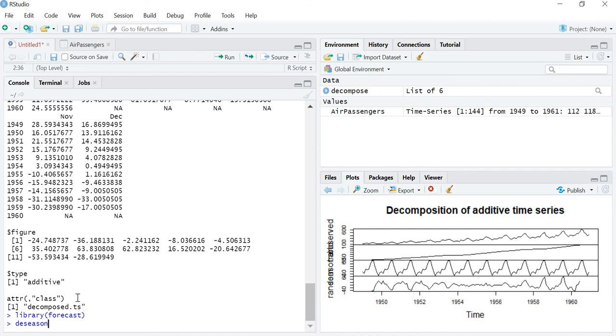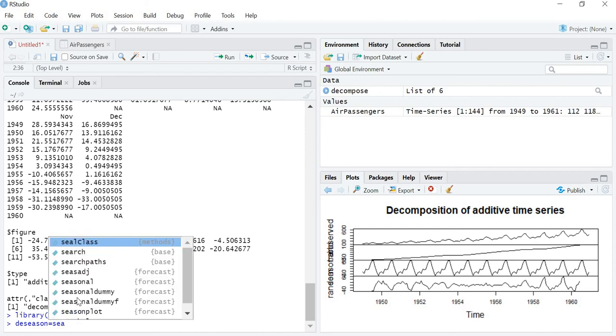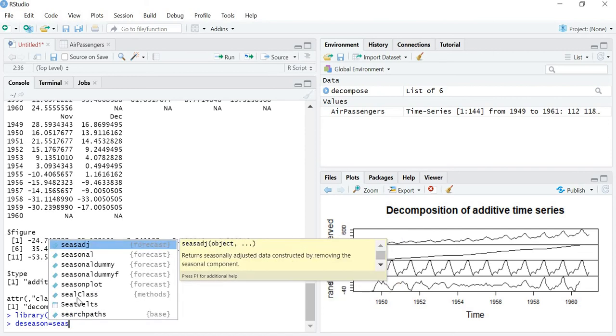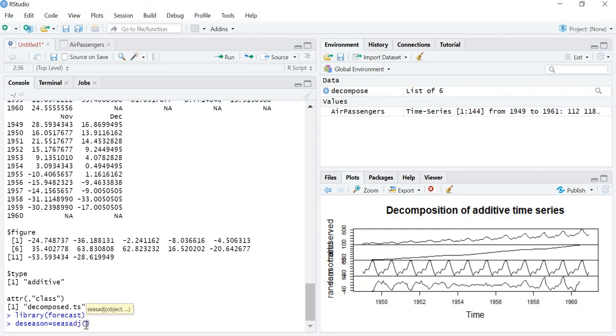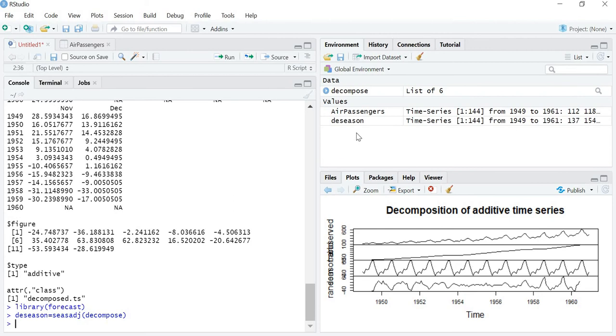So I have just given the name deseason equals seasadj, seasonal adjustment. So I am adjusting the season and I am adjusting the decompose series. That means whatever series we have separated, I am removing this part from that. I'm removing the season. So I'll write decompose. Now my deseason series is ready.